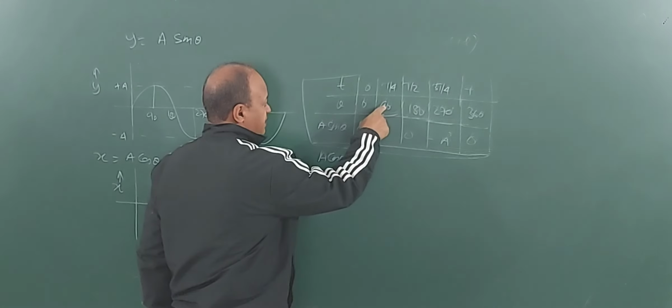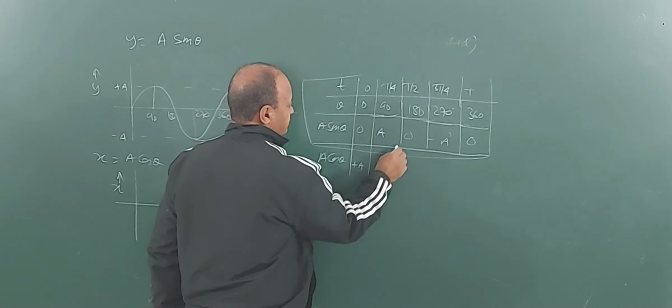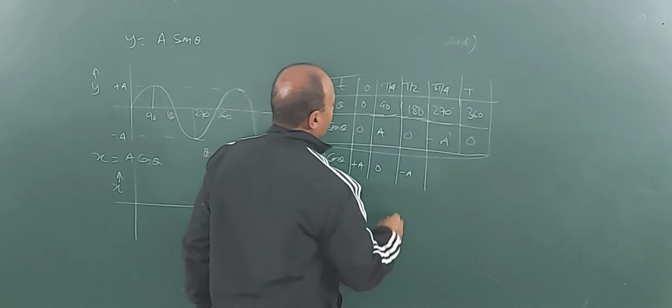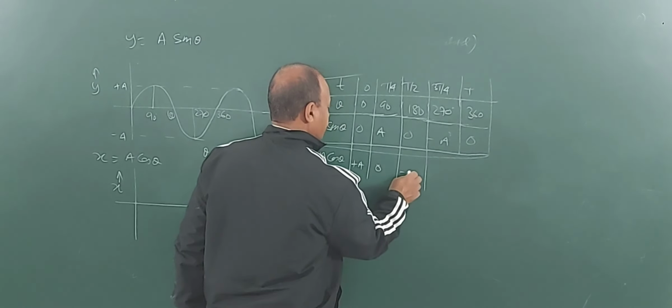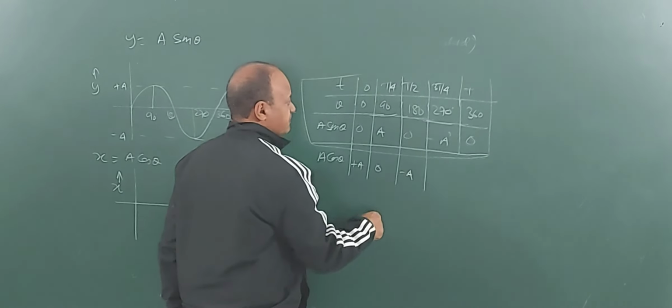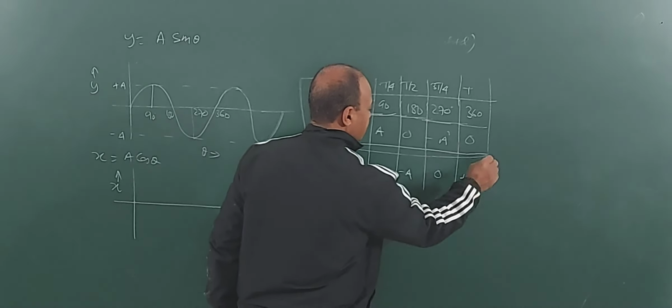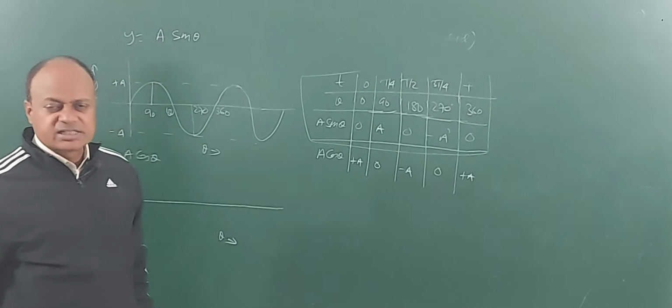Remember this, when theta is 90, cos 90 is 0, so 0. At 180, cos is minus 1, so minus a. 270 is 0 and 360 is plus a, because cos 360 is 1.